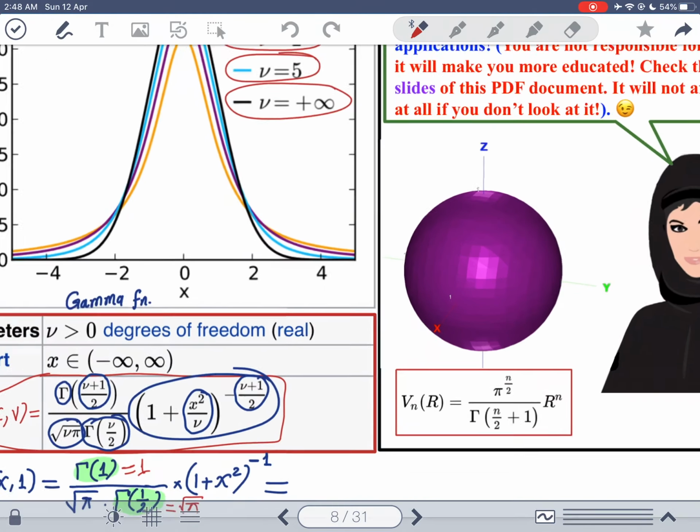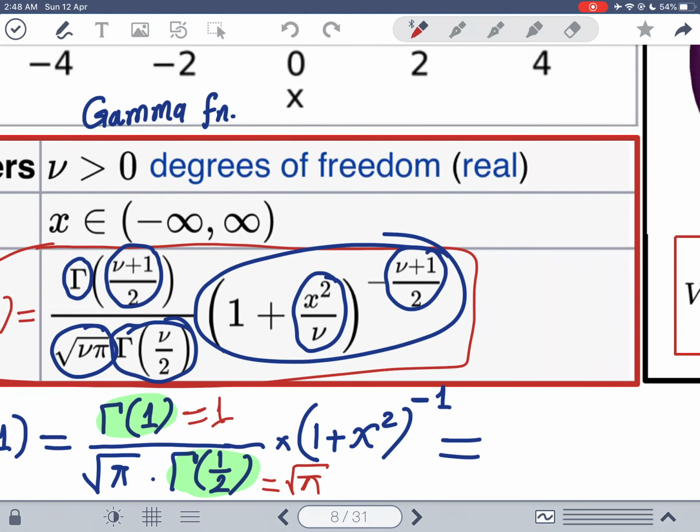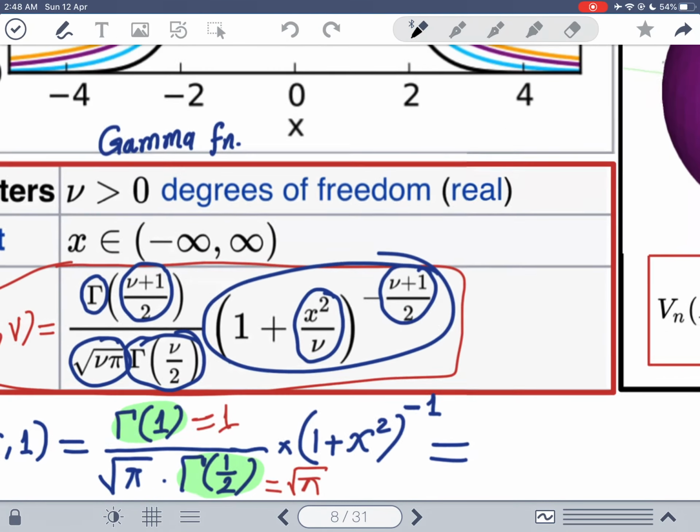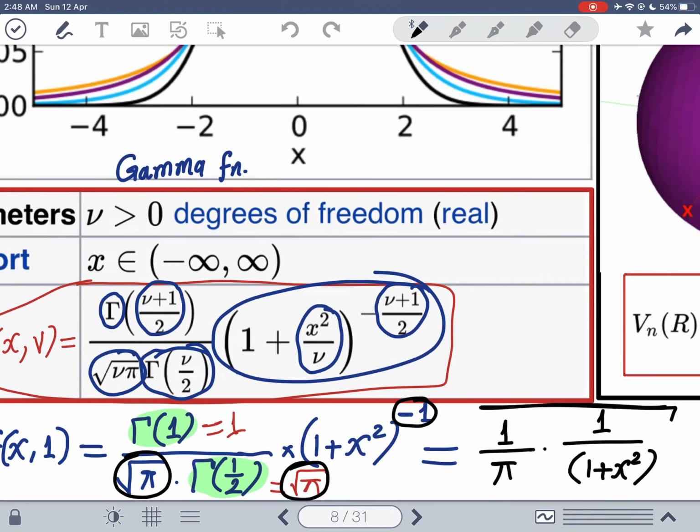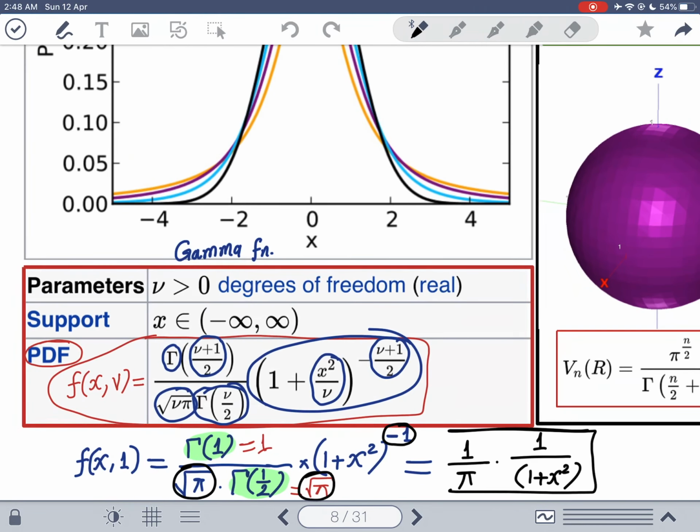For now, let's check what this will be. It will be 1 over radical pi times radical pi, so that's just pi, times something raised to the power negative 1, which is 1 over that thing, so 1 over 1 plus x squared. So this is our probability density function when the degrees of freedom are exactly 1.